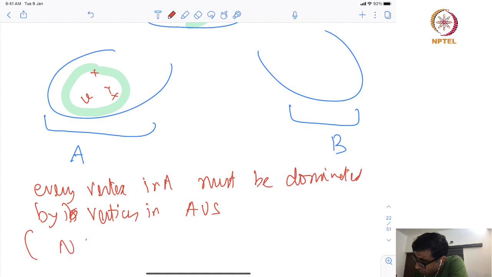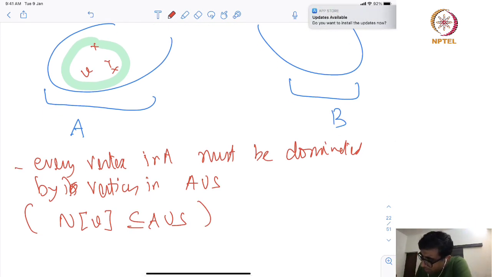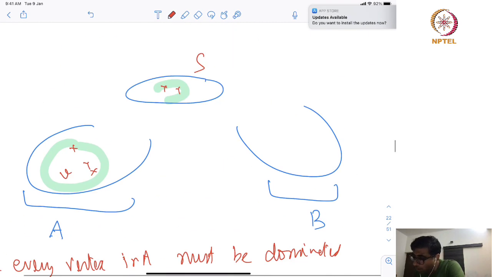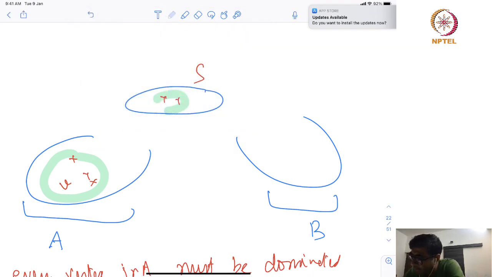Because N of v is contained inside A union S, okay. And similarly for B. But now ask ourselves the following question: what about a vertex in here?